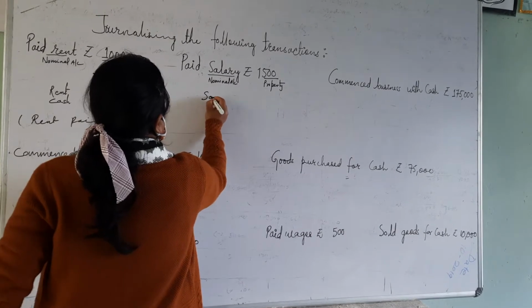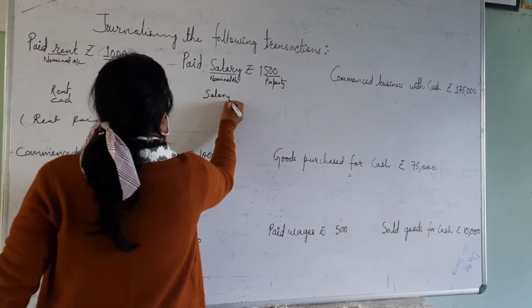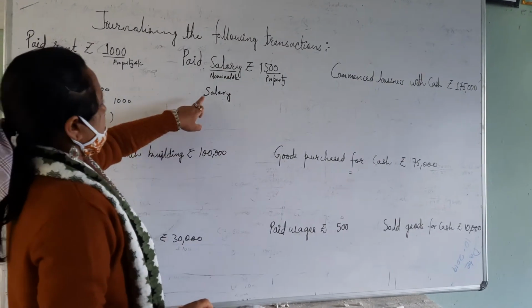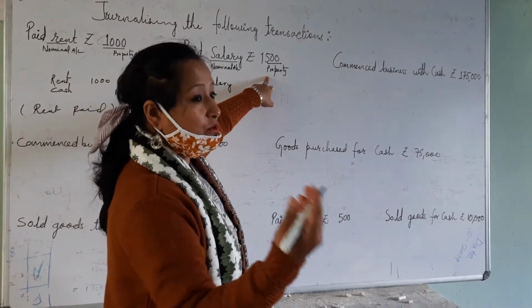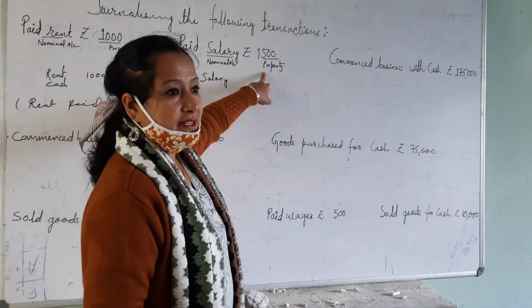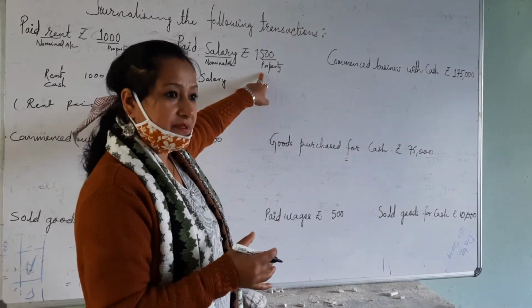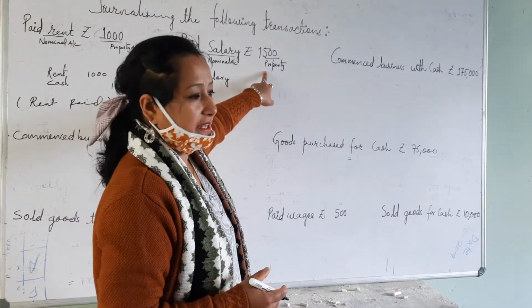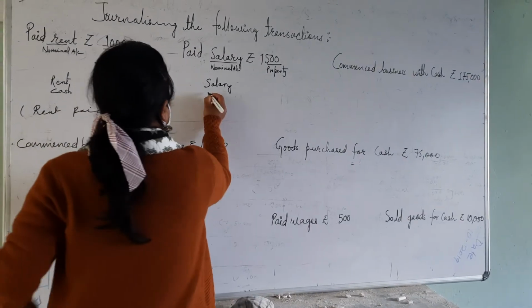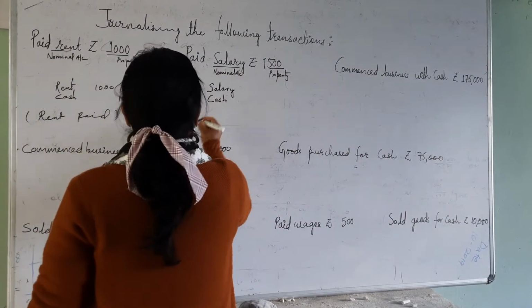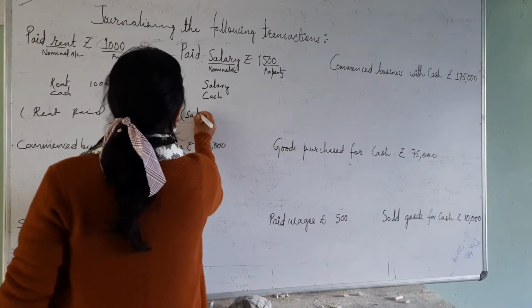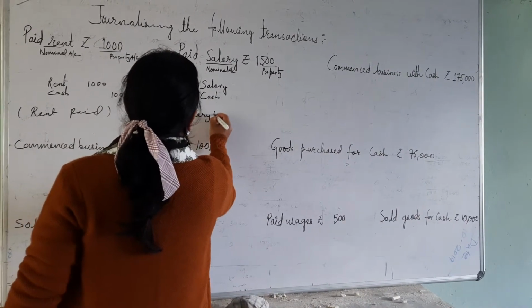So we write here salary. And what will be in the second line? Property rule says when cash goes out, it will come in the second line. When cash comes in, it should be in the first line. So here we write cash. And what is the meaning of this entry? Salary paid.